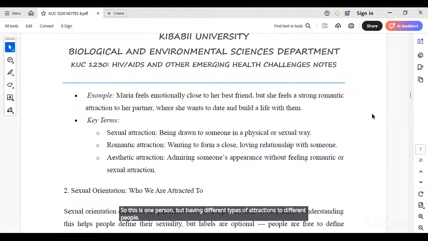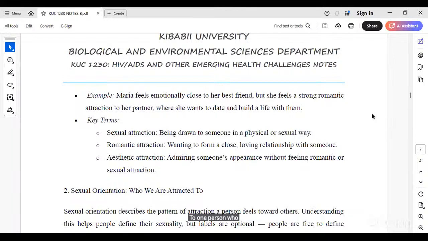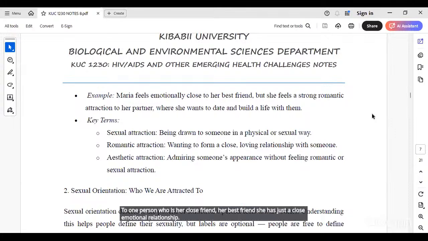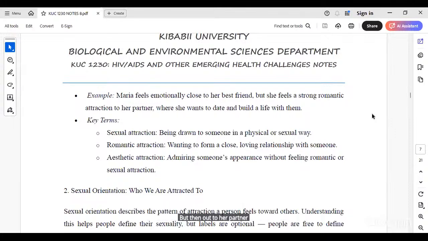To one person who is her close friend, her best friend, she has just a close emotional relationship. But then to her partner, she has a romantic attraction. Okay. So in this case, there is the emotional attraction and there is the romantic attraction.